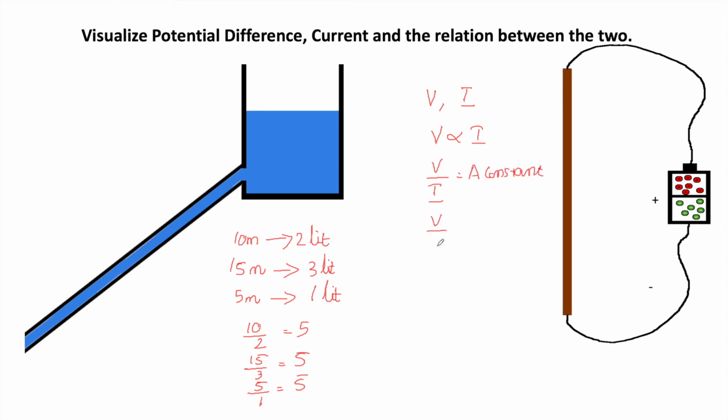And this constant is known as resistance, and we represent it by the letter R. This is Ohm's law.